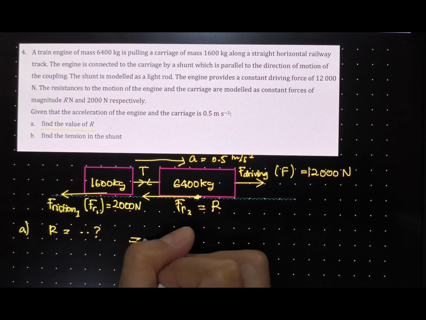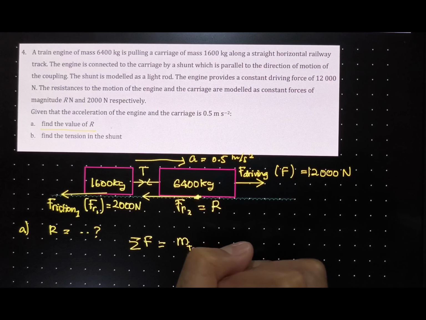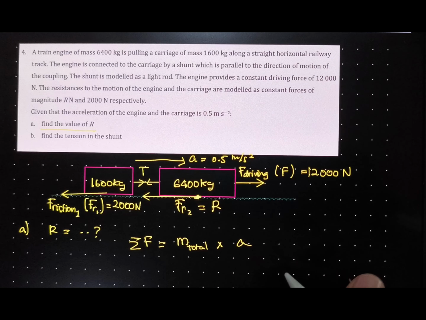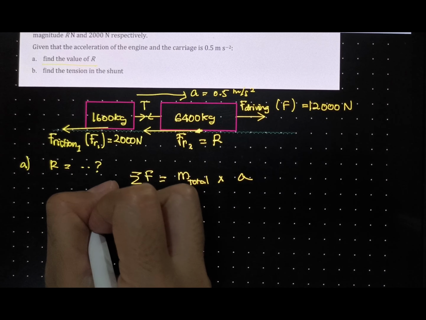Let's use the formula sum of force equals total mass times acceleration. From the question, we know that there are frictional forces acting on both the train and the carriage. This means that the driving force of 12,000 Newton will be reduced by the total frictional force acting on both.